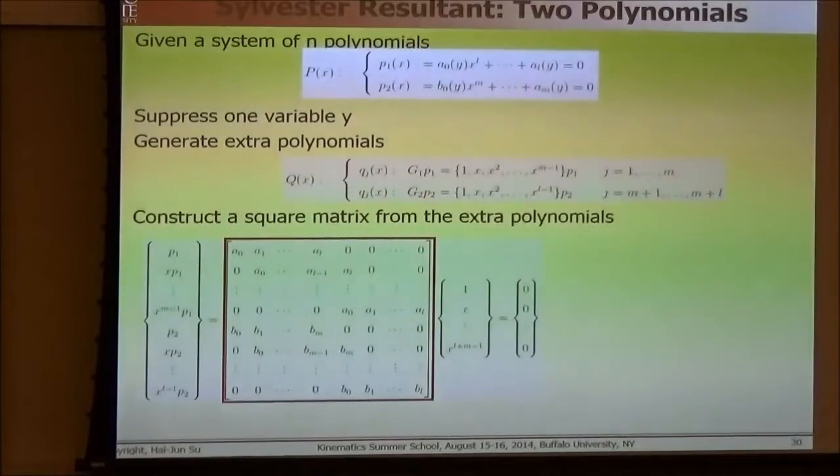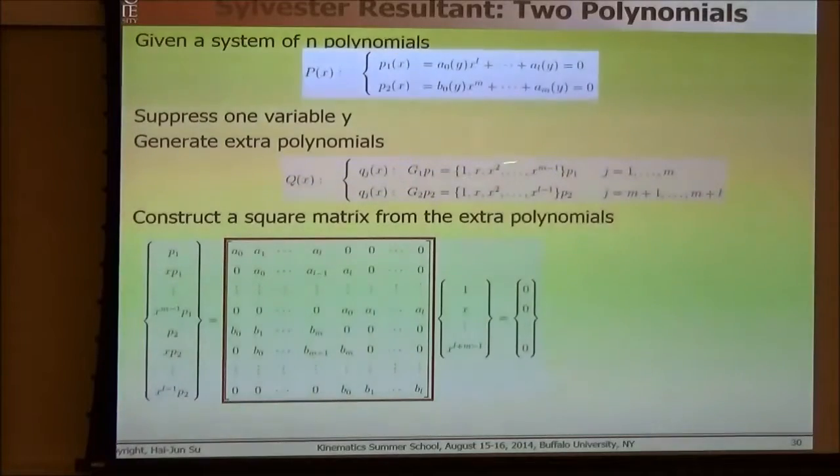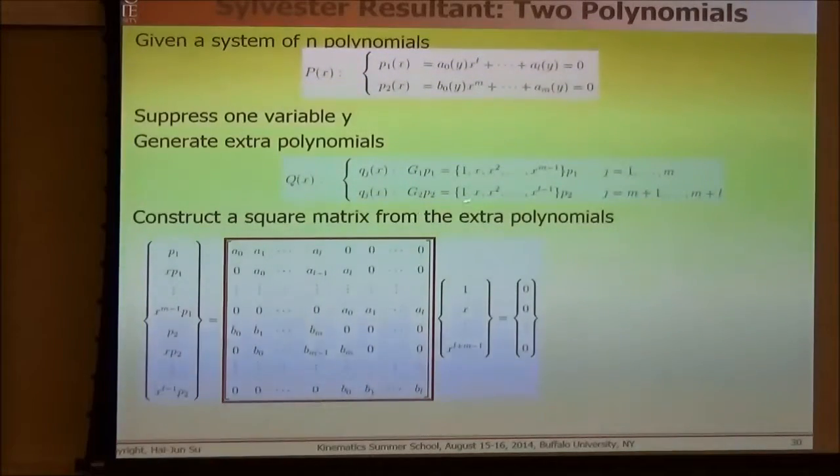Okay. So you can see here, if y is a solution to this polynomial system in x and y, it should vanish. So it's guaranteed the solution to the original polynomial system is in these auxiliary polynomials. And similarly, you can do the second part by multiplying the second polynomial by this list.